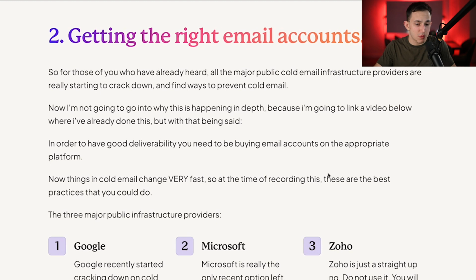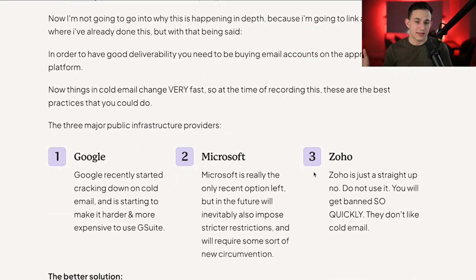Now, the three major public infrastructure providers, at the time of recording this video, and by the way, that's a disclaimer: when you watch this video, check when it was posted, because things in the cold email world change very quickly. Just because this is relevant today, it might not be relevant in a year or two, okay? So make sure that what you're watching right now is still relevant to you. But at the time of recording, the three most popular public infrastructure providers are Google, Microsoft, Zoho.